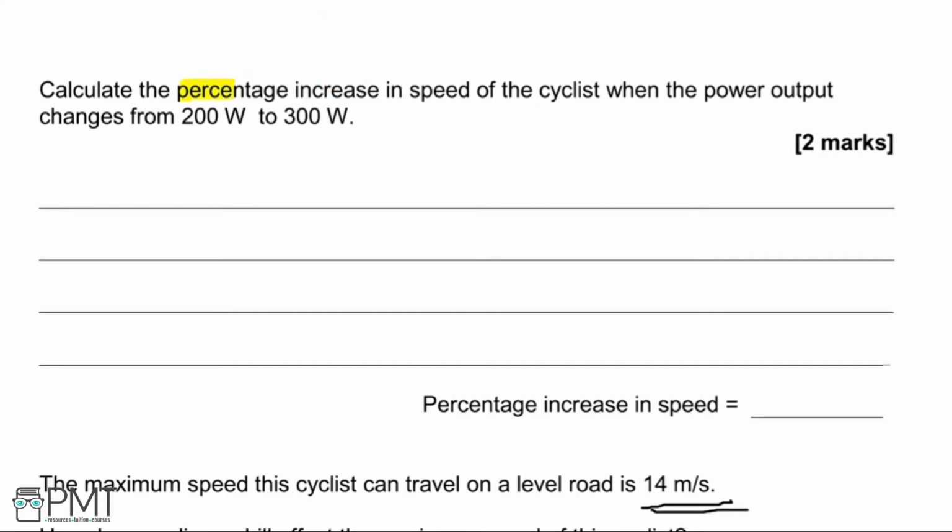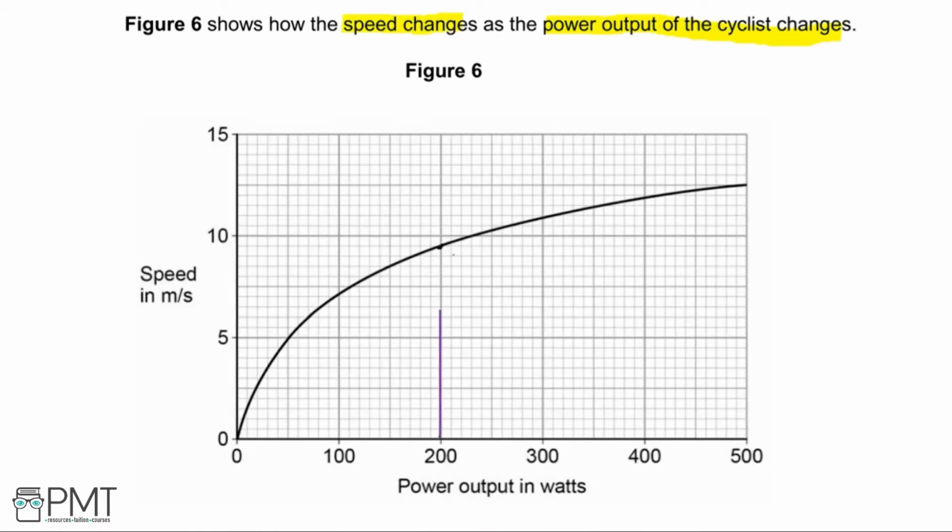Calculate the percentage increase in speed of the cyclist when the power output changes from 200 watts to 300 watts. For this, we're going to need to look at the graph that they've given us above, and we need to look at the speed difference from 200 watts to 300 watts. Start from 200 and we go up to the line, and then we go across to the y-axis.